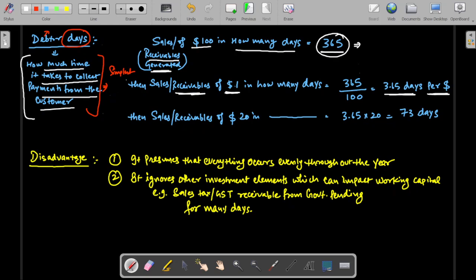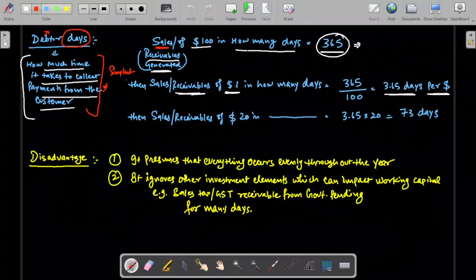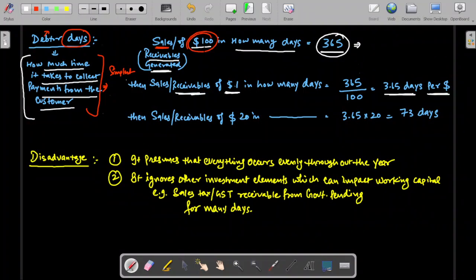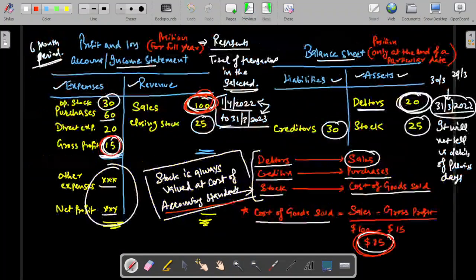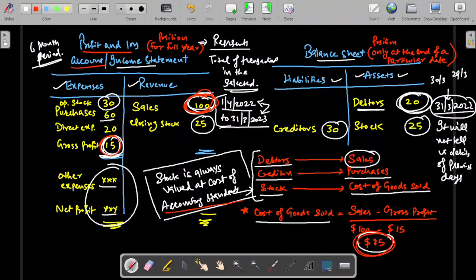In our example, by sales I mean total receivables. If the total receivables are $100, then how many days did it take to generate these $100? The days represent the period for which the income statement or profit and loss account is prepared.